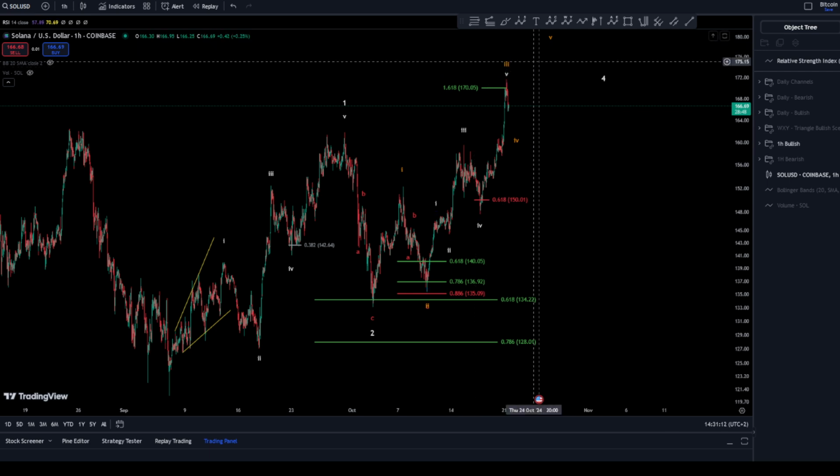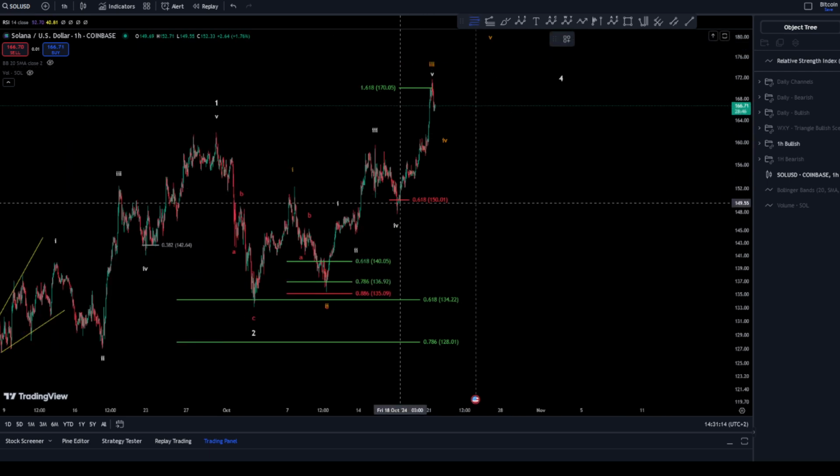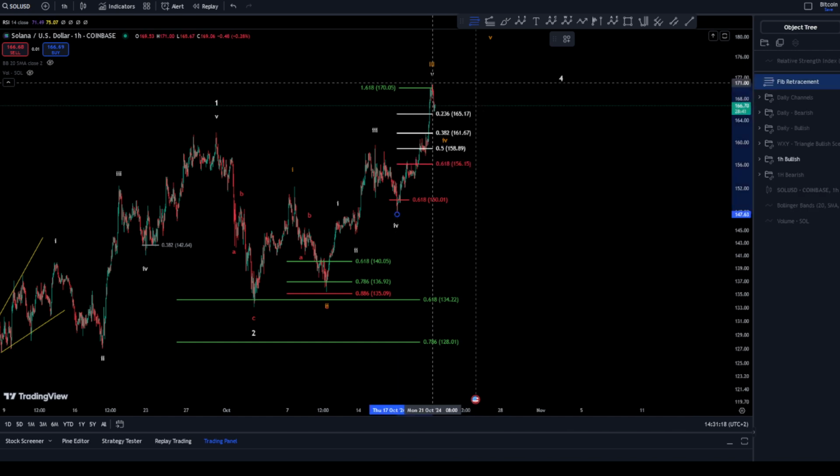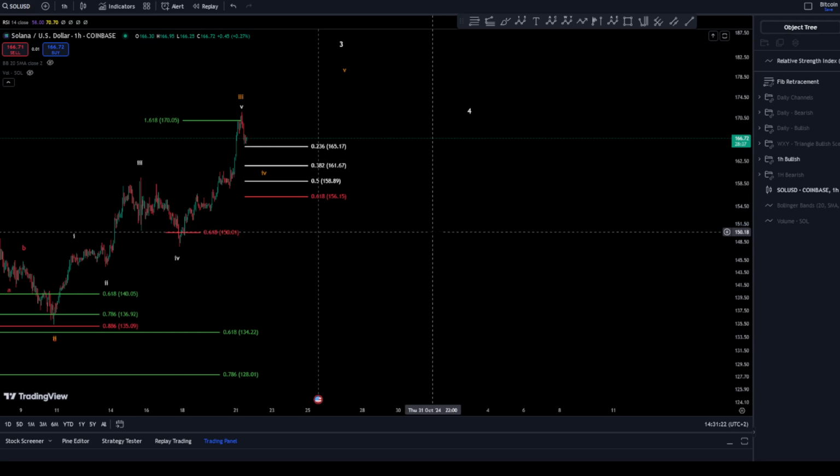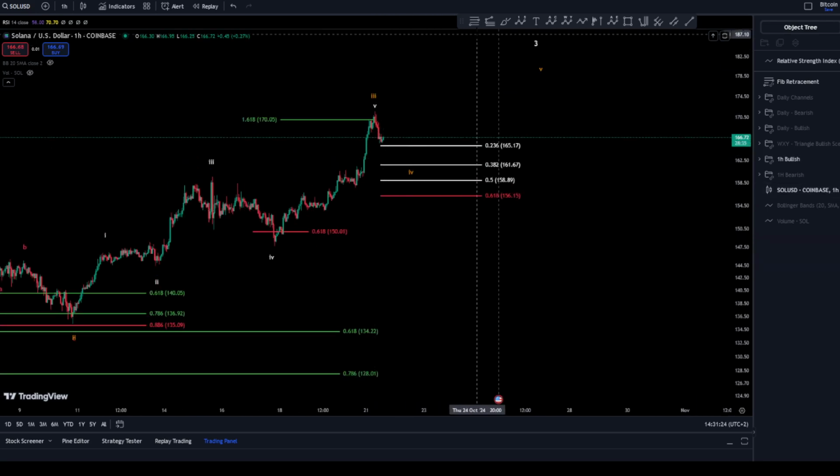Now, the minimum requirement for a wave 4 here, you would like to see a 0.23 and a 0.38 fib level.